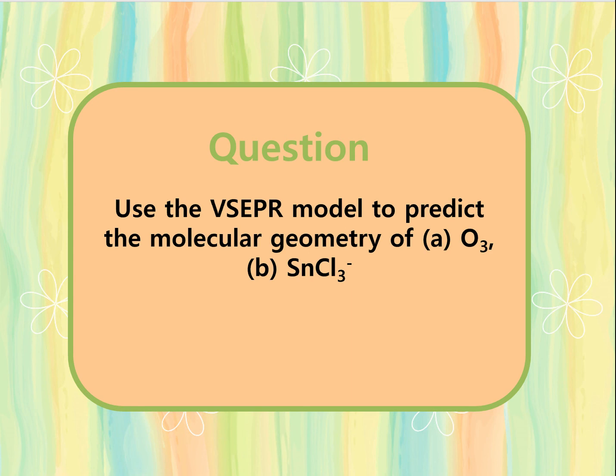Count your electron domains around the central atom. Determine your electron domain geometry by arranging the electron domains about the central atom so that the repulsions among them are minimized. And then the third step is that you use this arrangement to determine the molecular geometry, right? So those are the steps that you're going to use to answer this question.